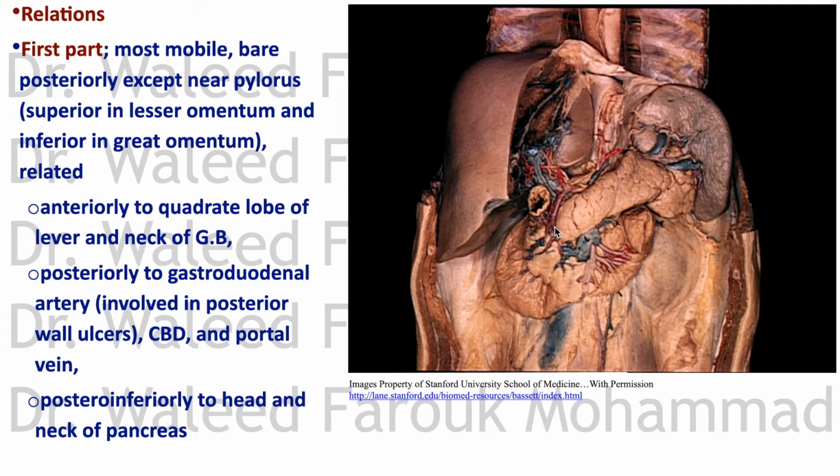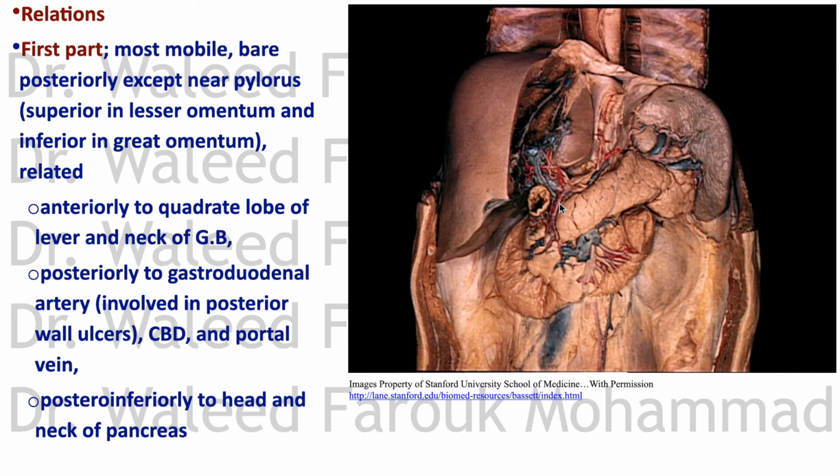This is very important clinically, since one of the dangerous complications of a duodenal ulcer, especially if it's on the posterior wall of the first part of the duodenum, is involvement of the gastroduodenal artery, which means a source of internal bleeding.